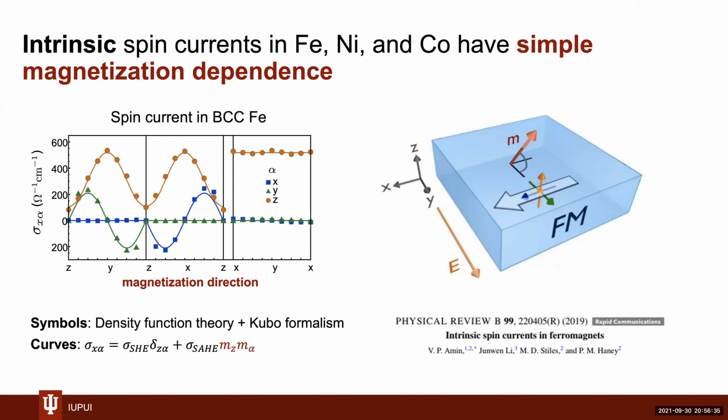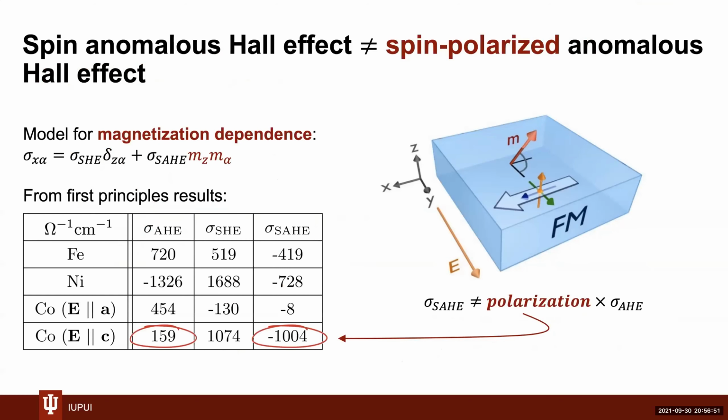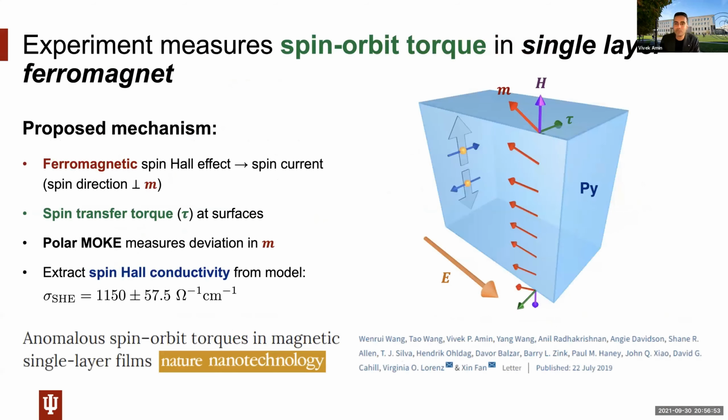How does one measure this experimentally? Because you measure a Hall effect, you have normal anomalous Hall effect or planar Hall effect. How does one distinguish it from the... Right. So that's what we did in this particular experiment.